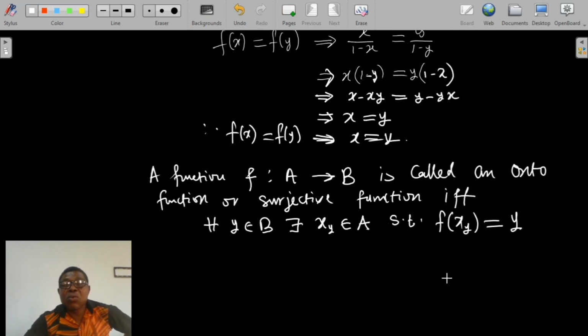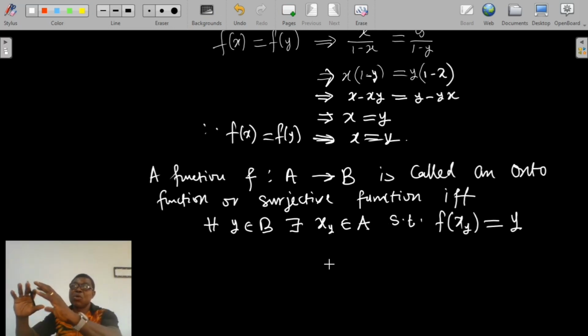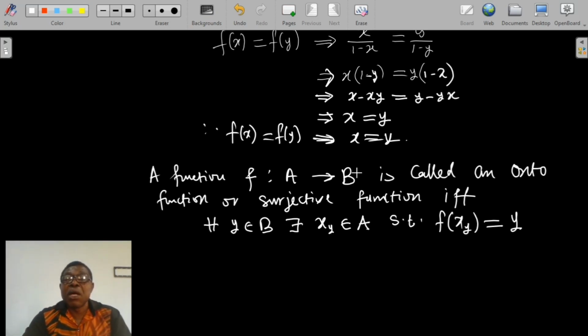So this is what it means to say that f is onto. F is onto whenever, if you go to the codomain or the range of the function, in this case I'm assuming that B is the codomain of the function, for every point in B, we can find a point in A which f sends to y.